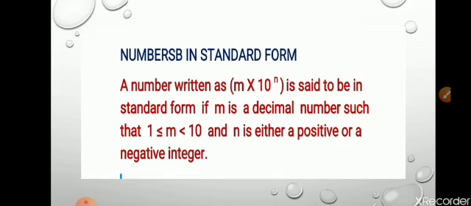Here the conditions are that m is a decimal number, m lies between 1 and 10, that is, m is greater than or equal to 1 and less than 10, and n is a positive or negative integer.